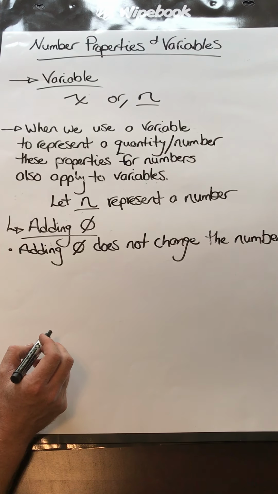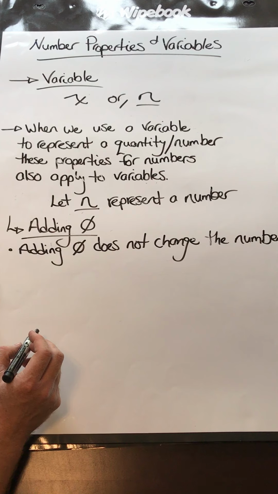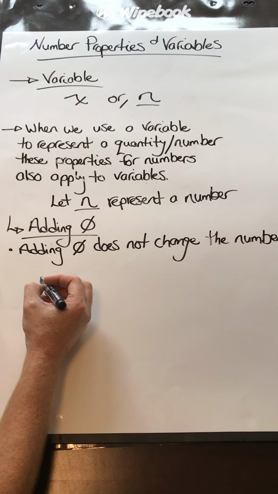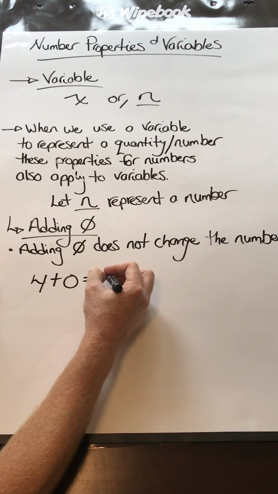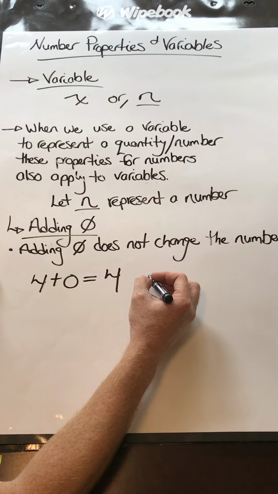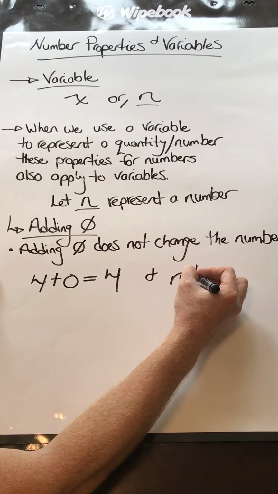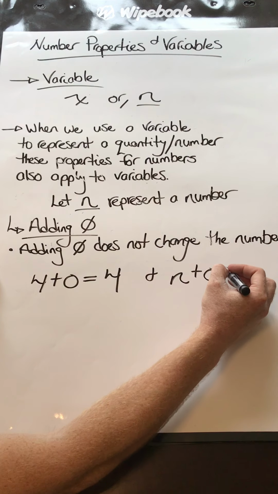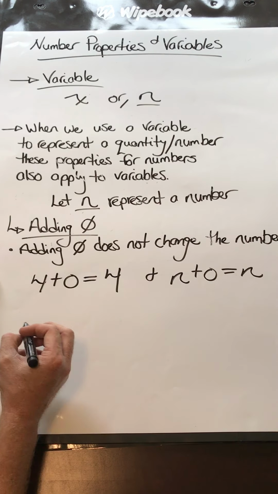Adding 0 does not change the number. For example, if we had 4 plus 0, that is going to equal 4. And therefore, if we have N plus 0, so a variable plus 0, that is going to equal the variable, in this case N. And what if we switch that around?